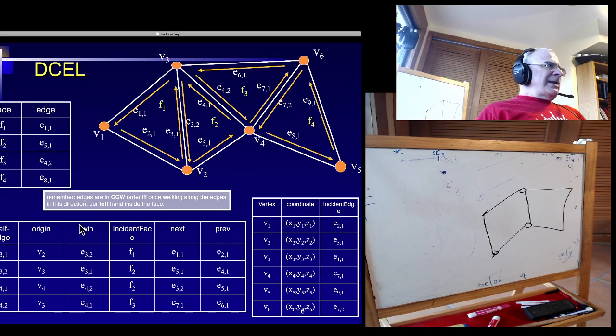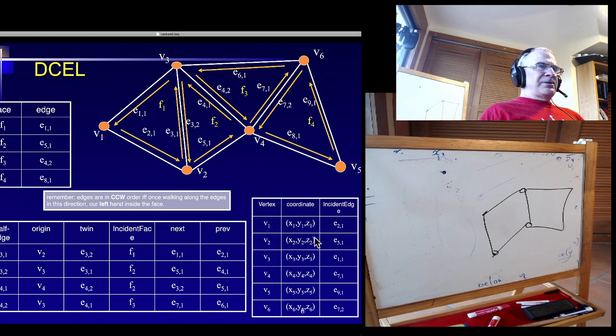Okay, now what does an edge need to store in the array of the half edges? Let's pick one of them, E31. E31, what does it need to know? It needs to know what is its origin, where it is coming from, V2. What does it actually store about V2?